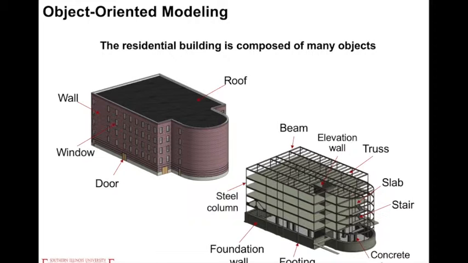The right picture shows the structure models, which include a beam, steel column, foundation wall, footing, concrete column, stair, slab, trusses, and elevation wall. You can see all of them are already structure or architecture components. It's not a simple geometrical line or rectangular box. It has its own name, own behavior, and properties.